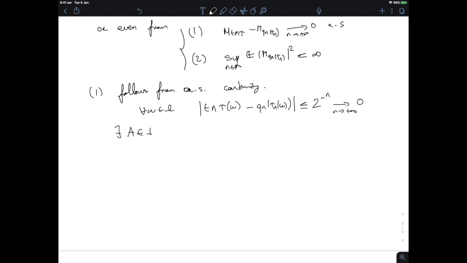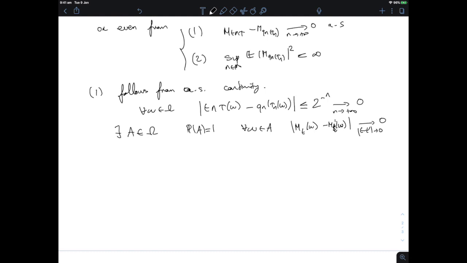There exists a set A in Omega which has probability 1, and such that for every omega in A, M_t of omega minus M_{t'} of omega goes to 0 if the difference t minus t' goes to 0.